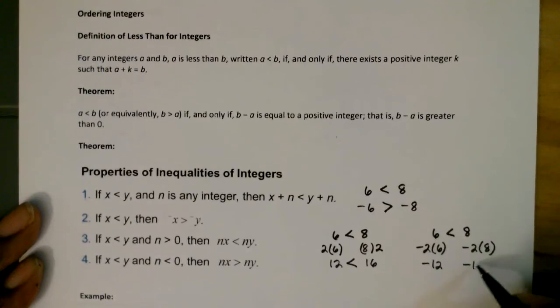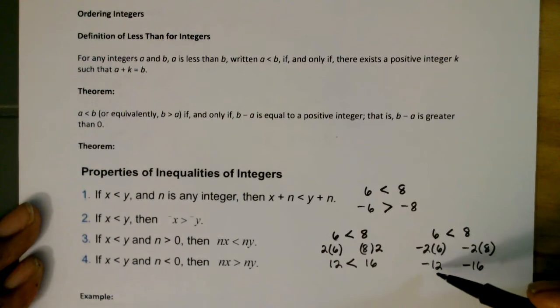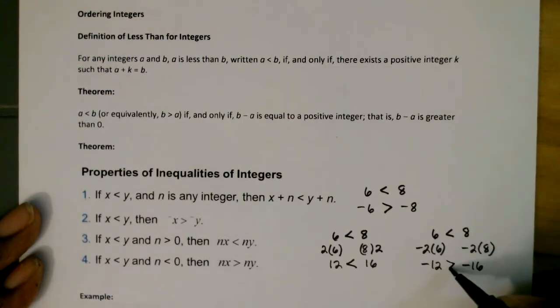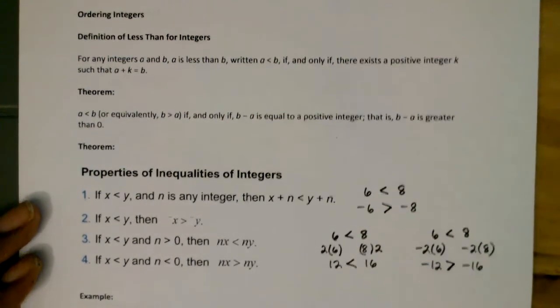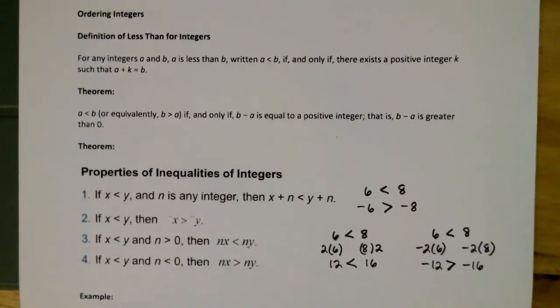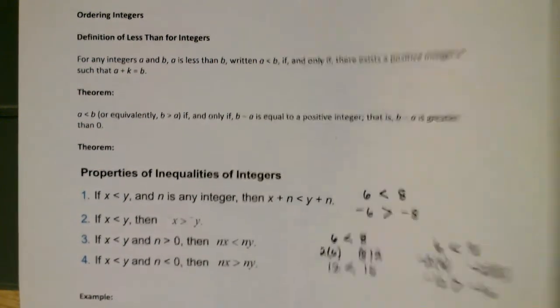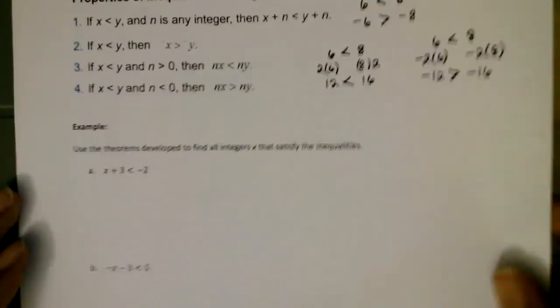Negative 2 times 8 is negative 16. But notice negative 12 is closer to 0 than negative 16 is. So negative 12 is greater than negative 16. So you see the inequality symbol reverses when you multiply both sides of an inequality by a negative number. So we're going to be using these to do these type of problems here.